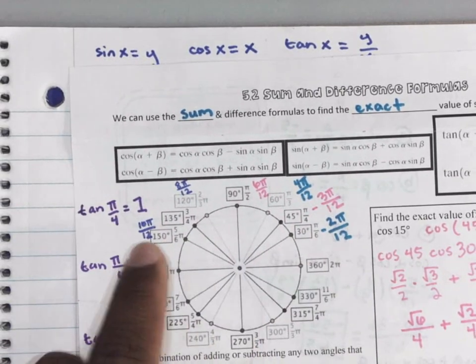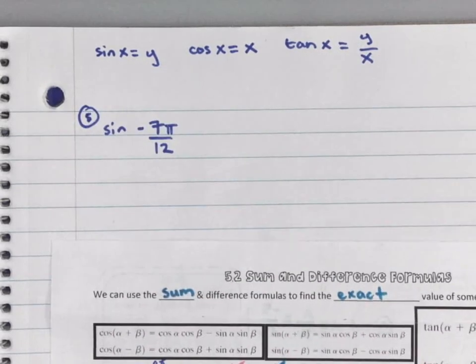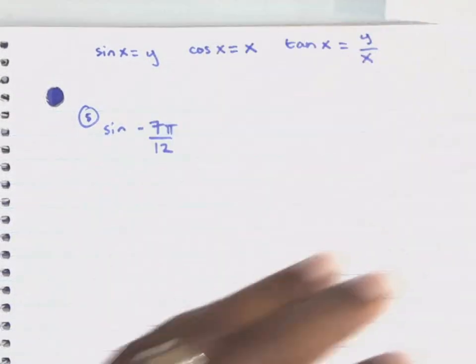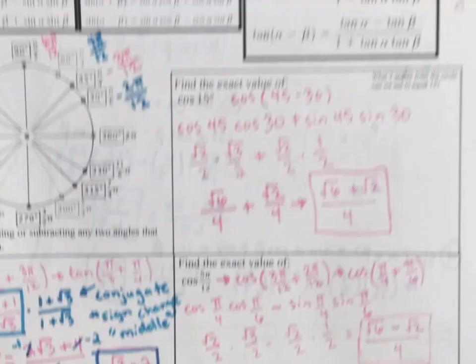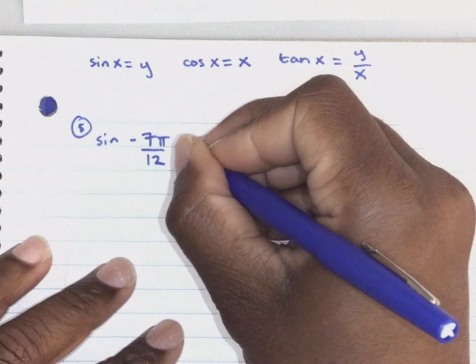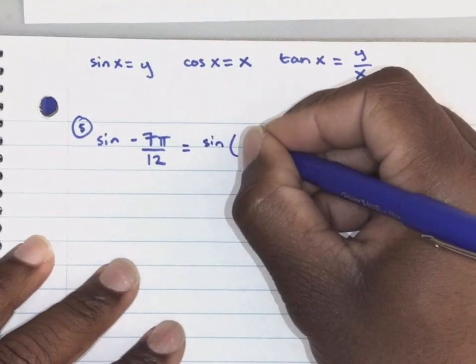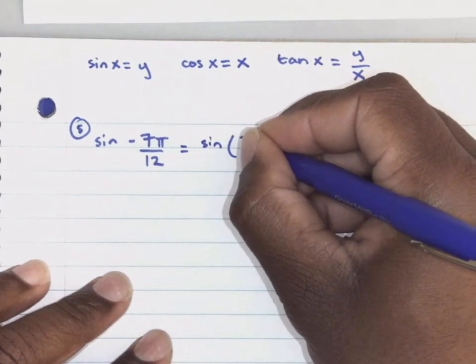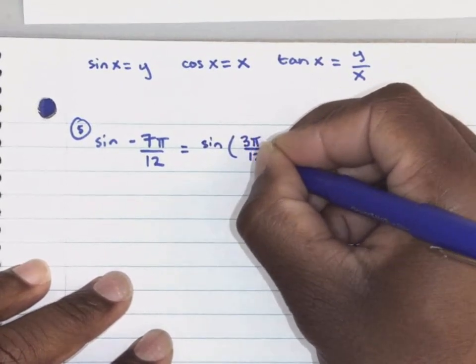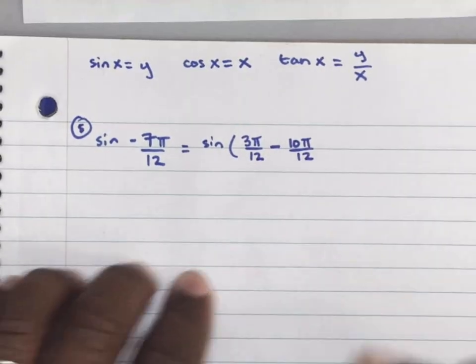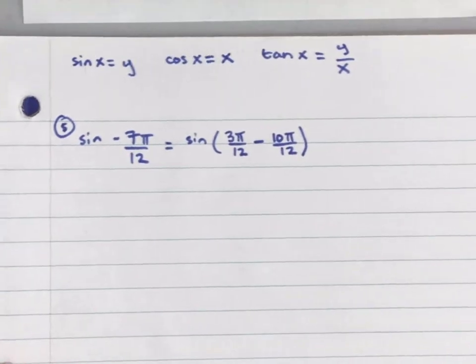Those two angles are 7 pi over 12 away from one another. So I'm going to do sine of, and we need the smaller angle to come first, so 3 pi over 12 minus the bigger angle, 10 pi over 12. That's how we get a negative angle here.